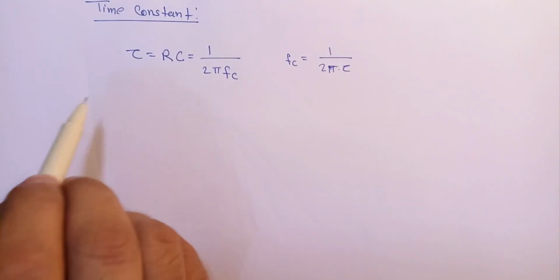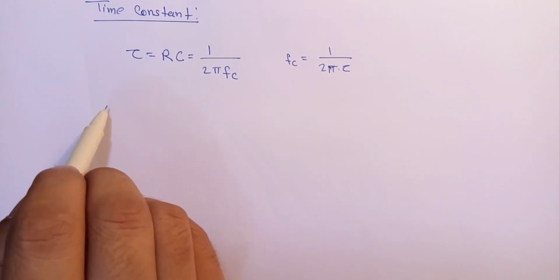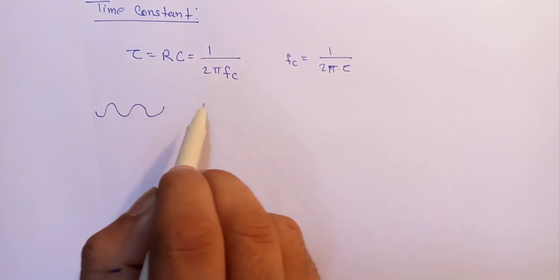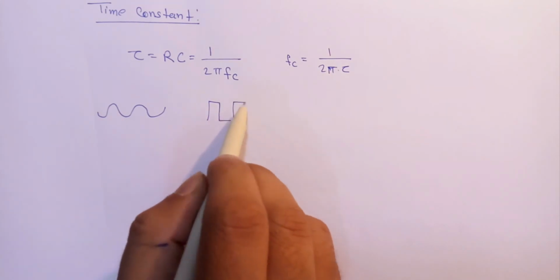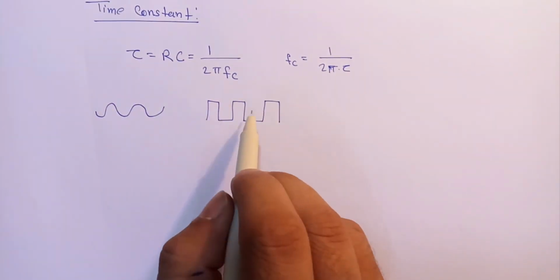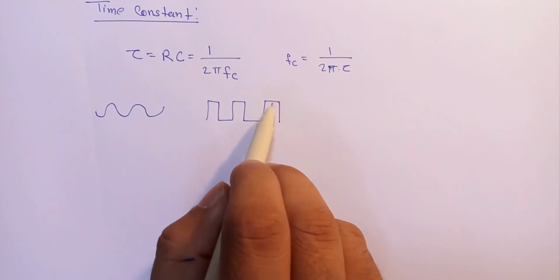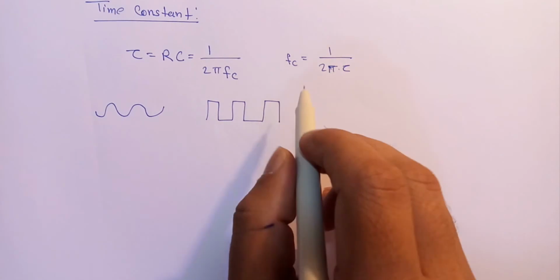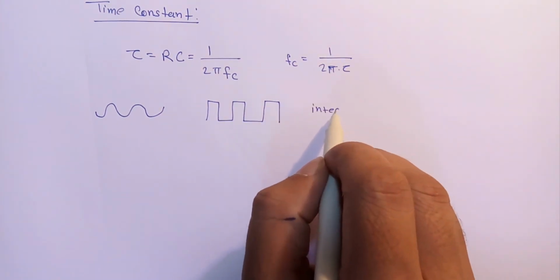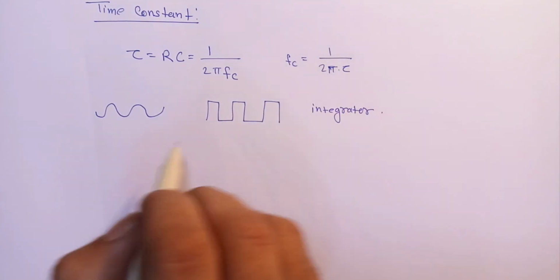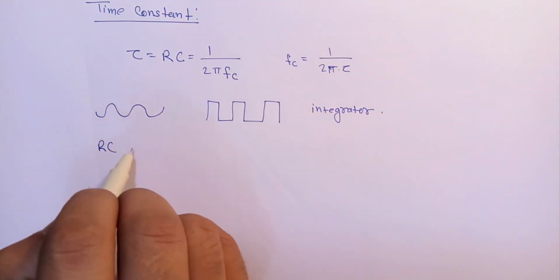Now if we change the input signal from sinusoidal to a step response, that means an on-off square signal, our low pass circuit will behave something like an integrator. Okay, so now let's see the RC integrator.